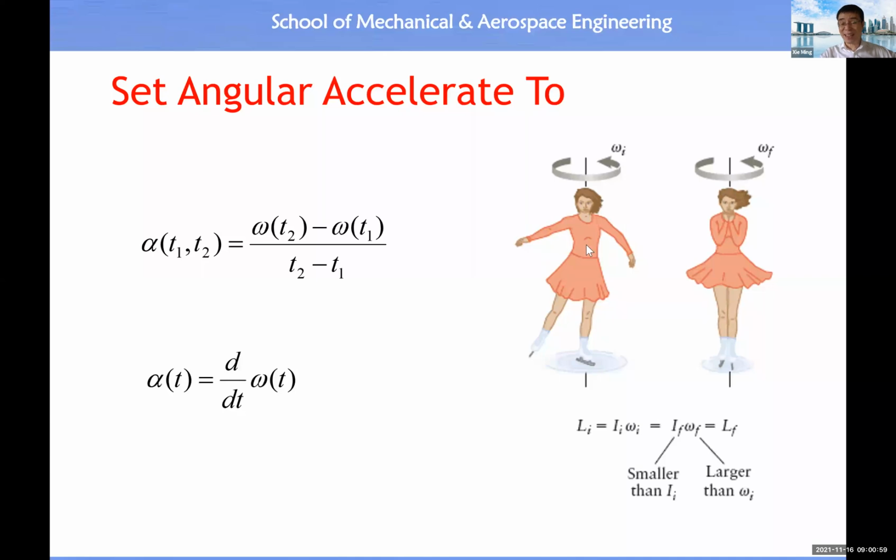For example, in this case, the I is very big, then omega will be small. In this case, I will be small, then omega will be big. So this is a physical phenomenon for us to understand the change of angular velocity.